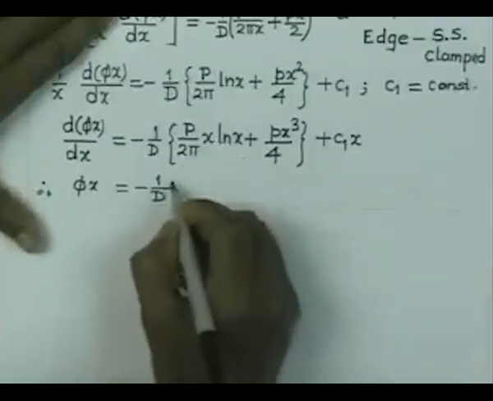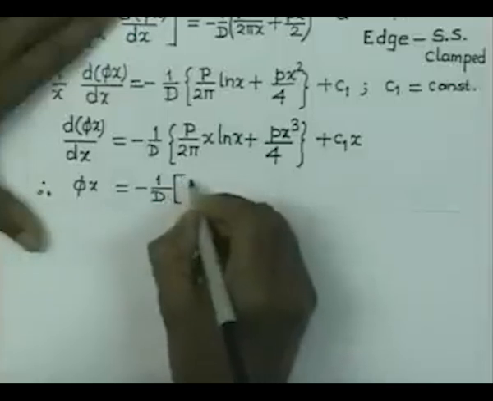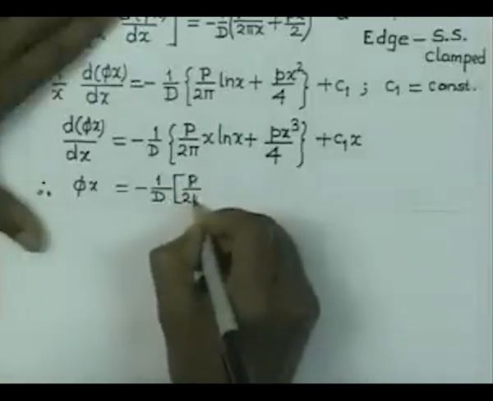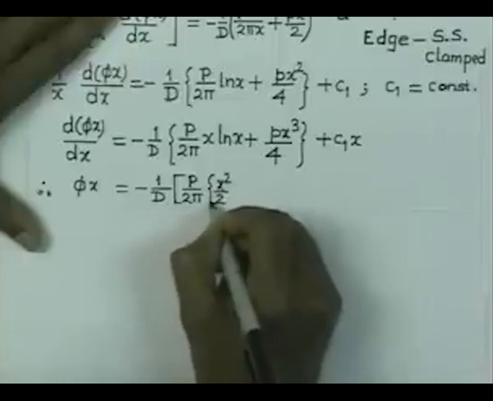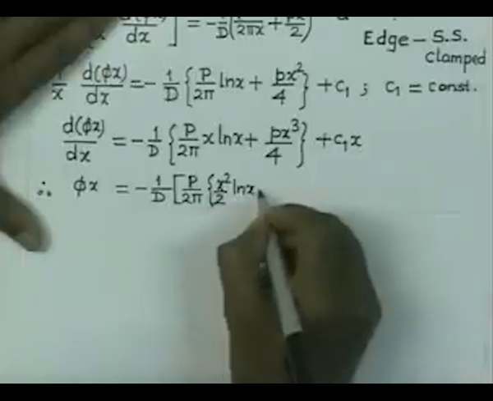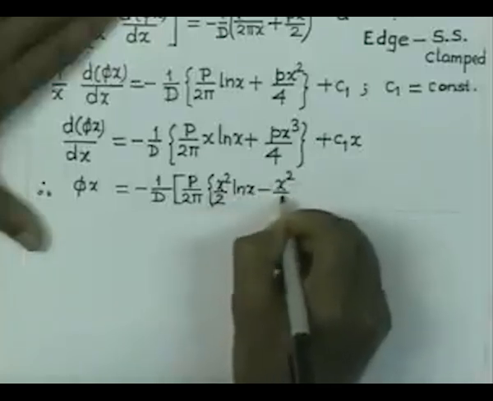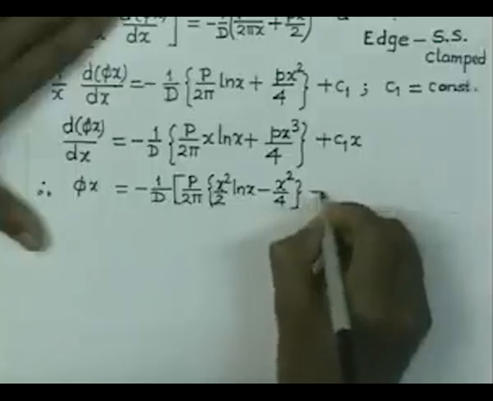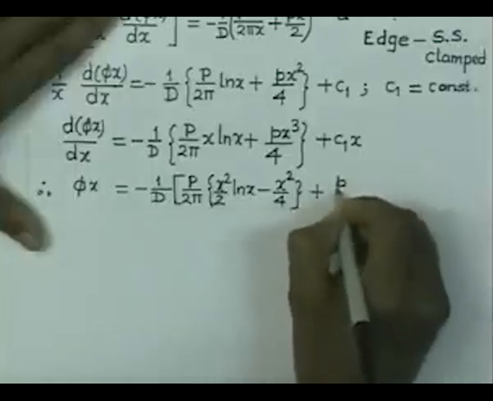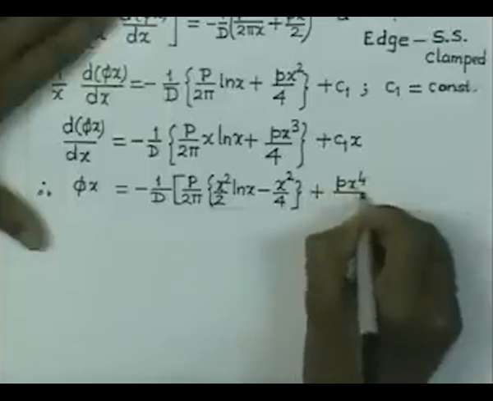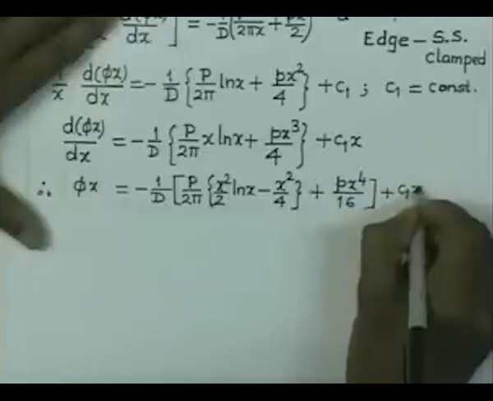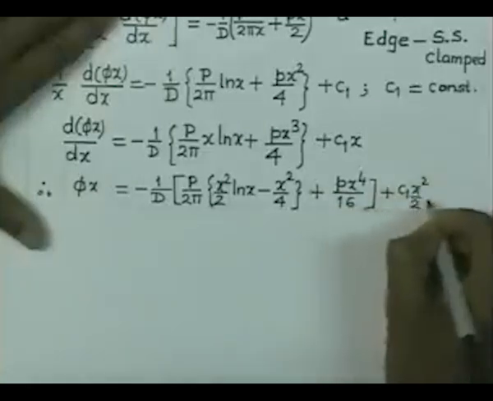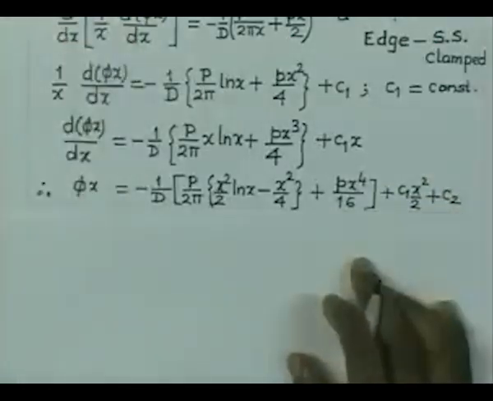So, we are going to get now P by 2 pi, x square by 2 ln x minus x square by 4, plus P x 4 by 16, plus C1 x square by 2, plus another constant of integration will come, let us say that is C2.